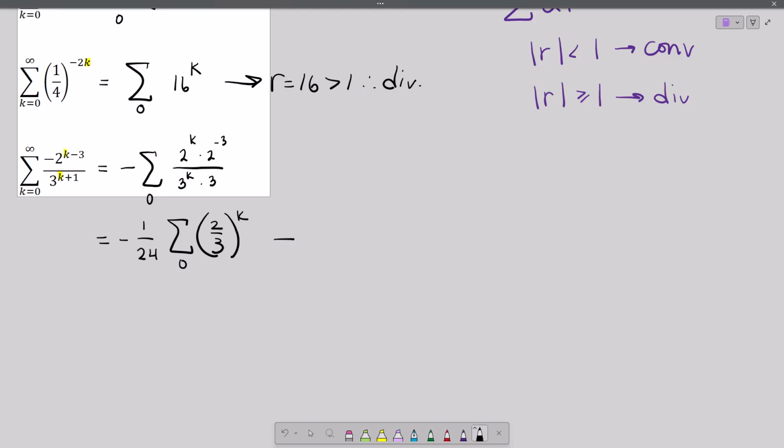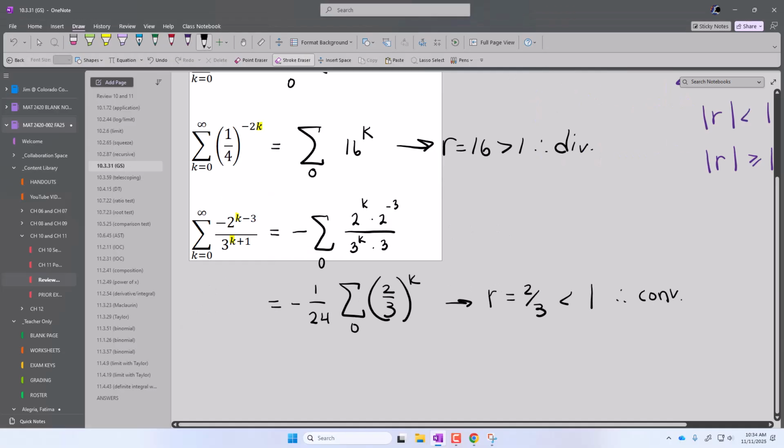The r value here is 2/3, which is less than 1, therefore converge. So let's take our break now, and then we'll figure out what these each converge to when we get back. If you have questions, let me know, and I can help you out.